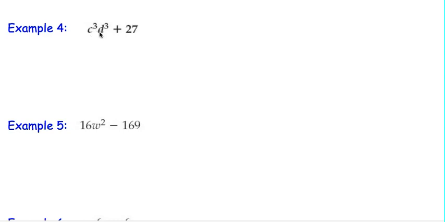Since C and D are both being cubed, I can rewrite this as CD cubed, plus, and I can rewrite 27 as 3 cubed. So that's enough information for me to decide that I have 2 factors that are being cubed and it's addition.